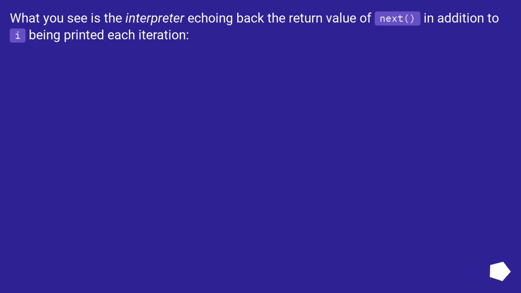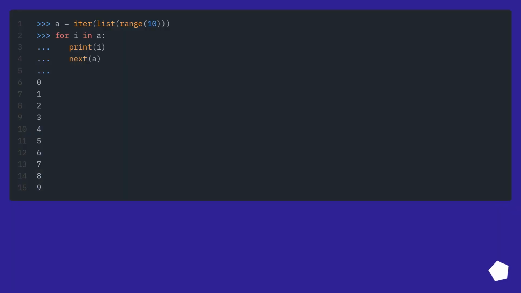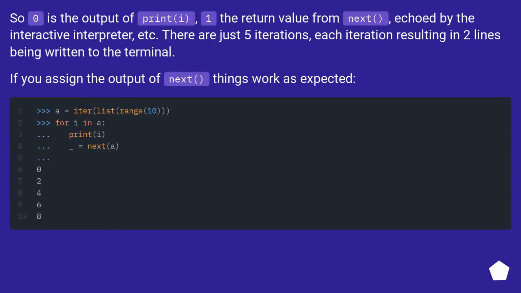What you see is the interpreter echoing back the return value of next in addition to i being printed each iteration. So 0 is the output of print(i), 1 the return value from next, echoed by the interactive interpreter, etc. There are just 5 iterations, each iteration resulting in 2 lines being written to the terminal.